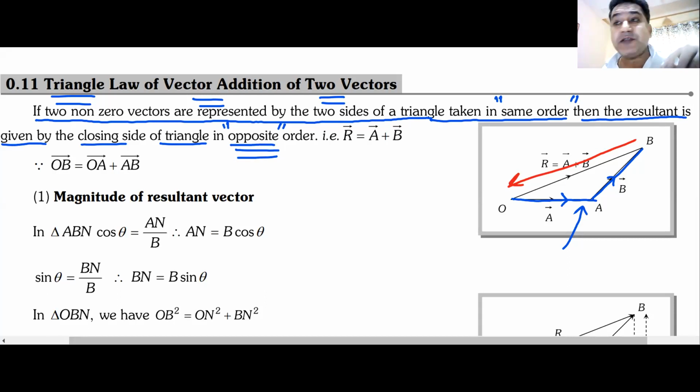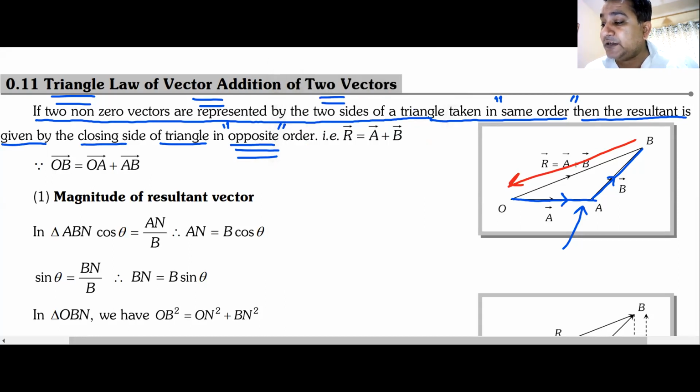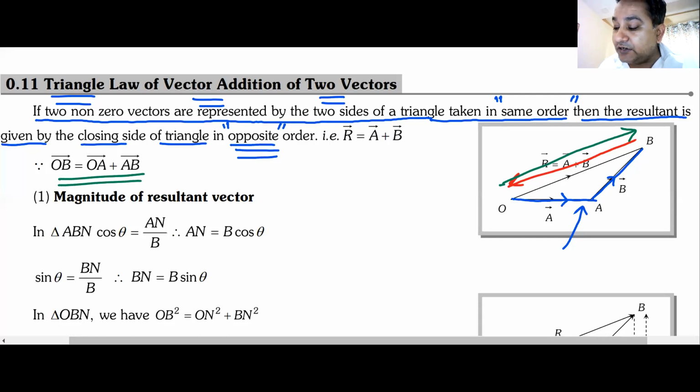But it says that we must go in the opposite order. So instead of going from B to O, I must go from O to B. This is how it is written.